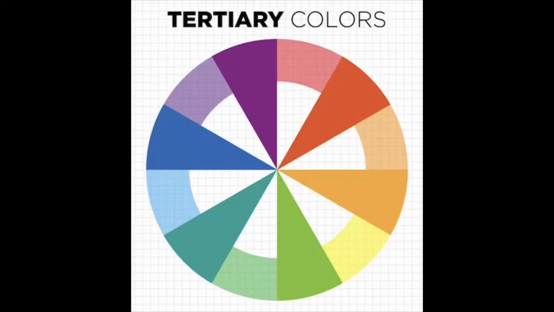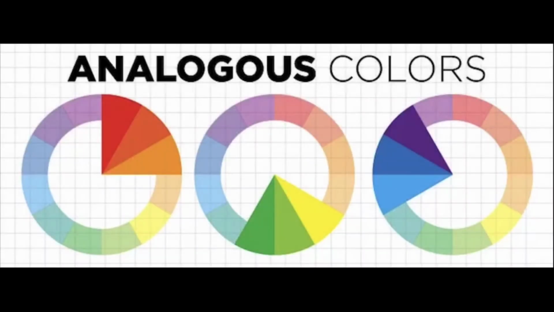Let's take a look at analogous colors. Analogous color scheme includes 3 neighboring colors. These 3 colors are next to each other on the color wheel.